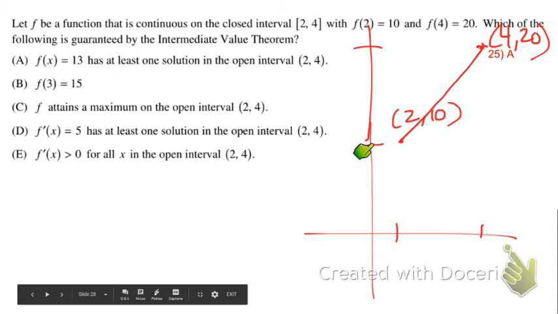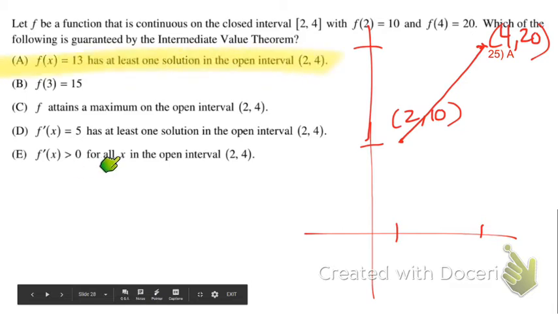Because if this is the y value of 10 and this is the y value of 20, 13 is somewhere in the middle and probably right about there. So there has to be at least one point, I've put it in green on my graph, that equals 13 because you're going from a y value of 10 all the way up to 20. So it has to pass through all the y values in between those. So yes, that one is a true statement. Hence, why it's the answer.